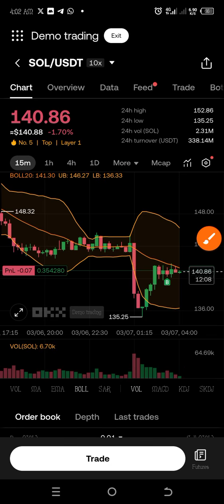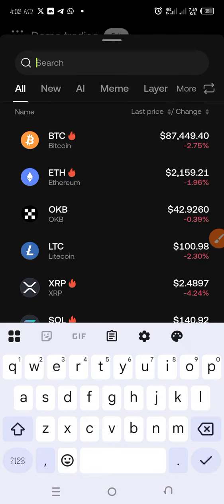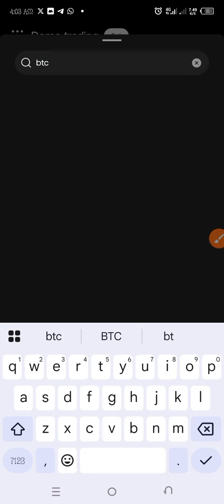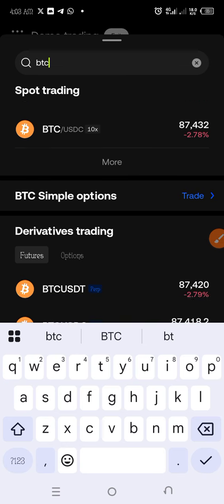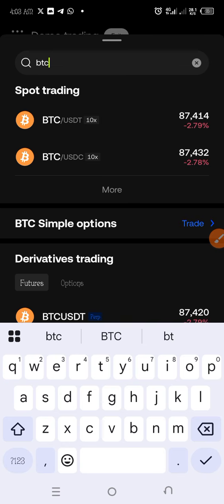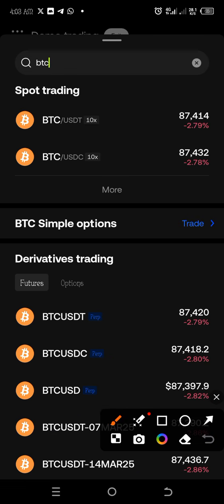And for the futures, you click on this, you search for the coin you want to trade. Let's say you want to trade BTC. Look, we have the futures here, which is perpetual, we have the spot, we have the futures.